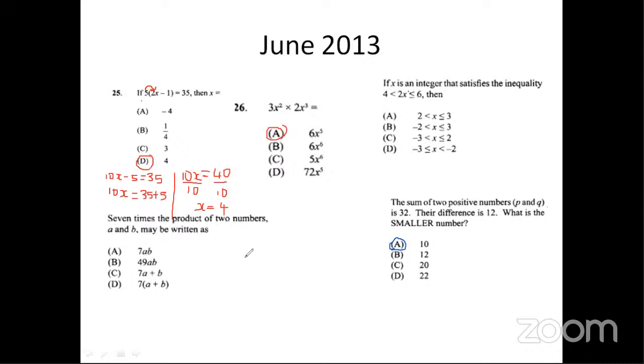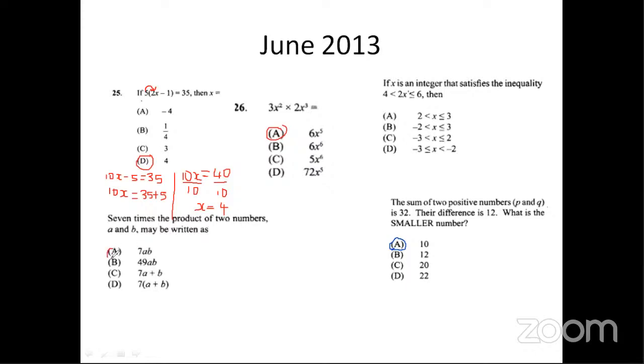Can I have someone read this, please? The product of two numbers A and B may be written as... What's the key word in this question? Product. And what does product mean? Multiplication. It says we're multiplying 7 by 2 other numbers.